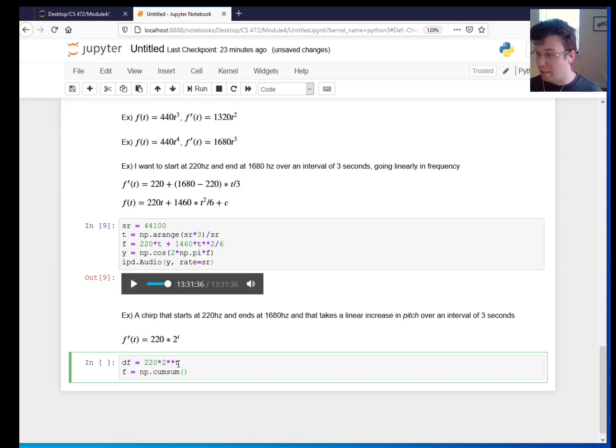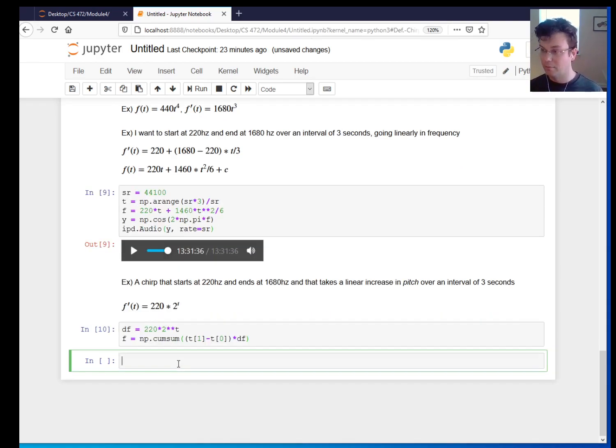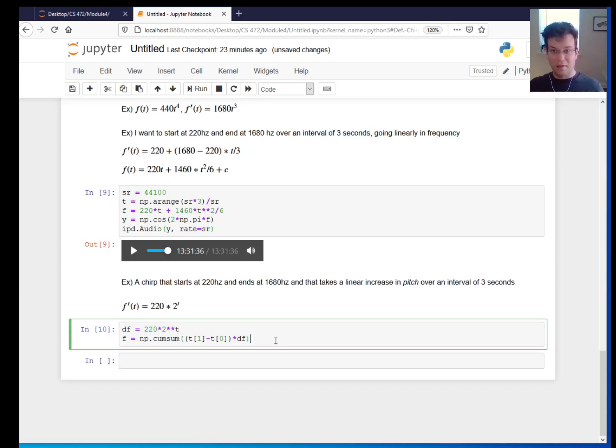The base of the rectangle is the interval of time, so this is how much time has elapsed between each sample. And then I multiply that by the function I'm trying to integrate. This is how you can do an integral numerically in Python using rectangles. Not the best numerical integration scheme, there are better ones, but this is fine to get started.